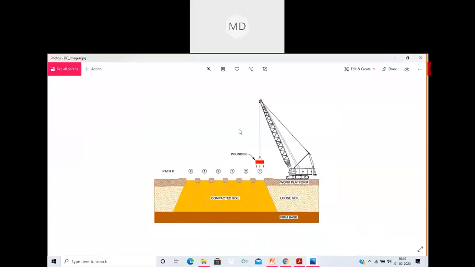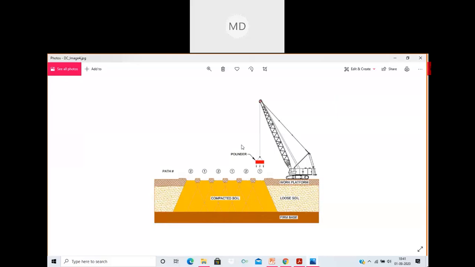Then here in another image we can see the pounder, meaning the load, is dropped with the help of this crane. Similarly, the load is lifted and dropped. Then the energy waves travel in this direction, the dotted lines we can see. The dotted lines denote the energy waves.